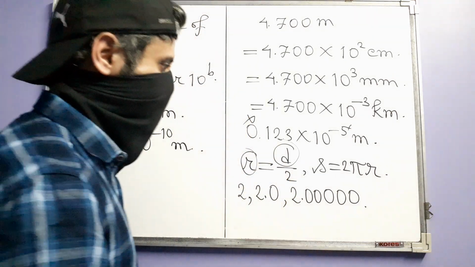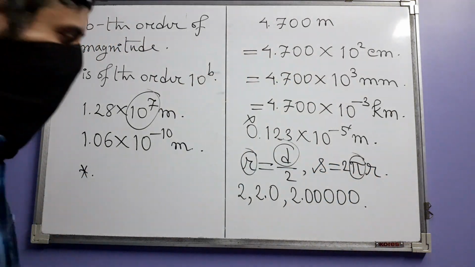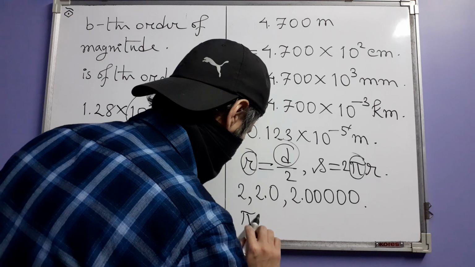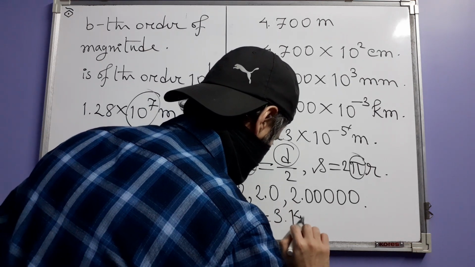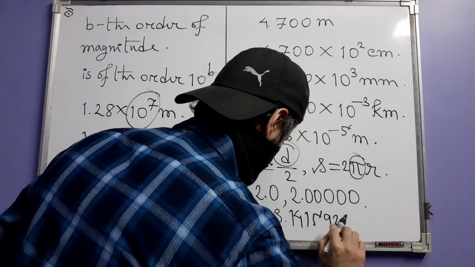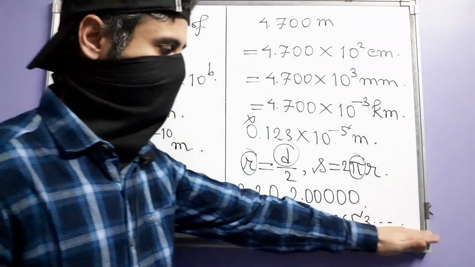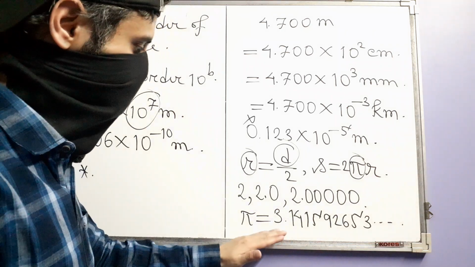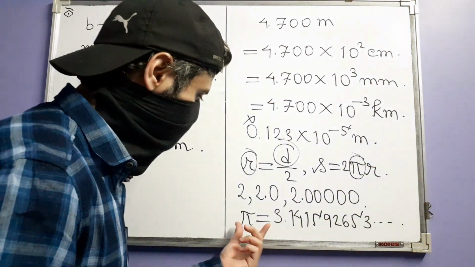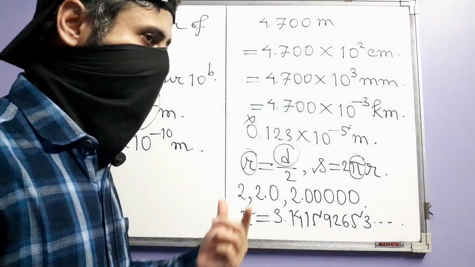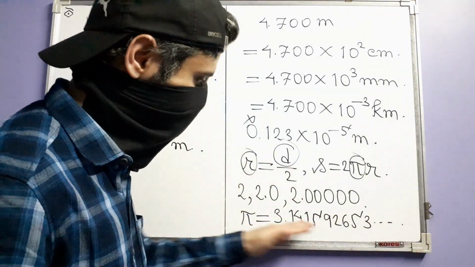And for that matter, pi is also of that status. If you write pi in decimal form, 3.14159265, whatever other digits appear after this, all of them are significant. Okay, because pi is not a physical measurement, it's a mathematically defined quantity.